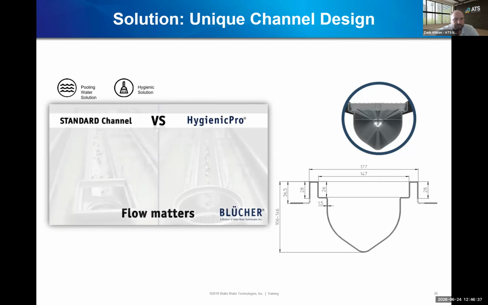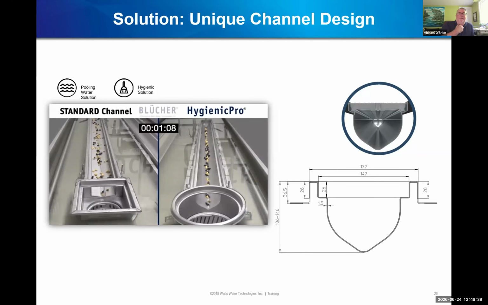Okay. So on the right is the Hygienic Pro. On the left is our standard stainless steel channel. We're flowing the same. These are in the same rig at the same time, and they're seeing the same amount of water flowing over the edge. You can see that was enough to clear out the Hygienic Pro.